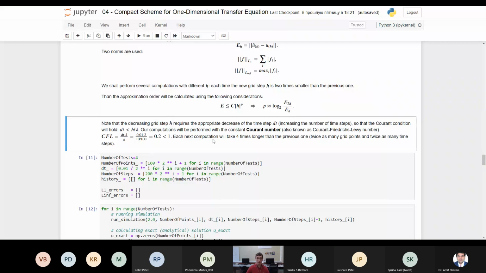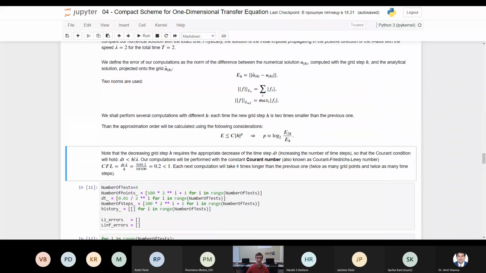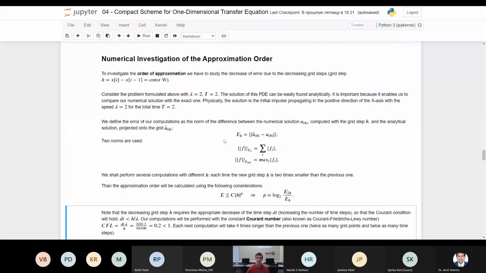So the idea for investigating the numerical order of convergence is as follows. We fix a certain problem for which we know the analytical solution.